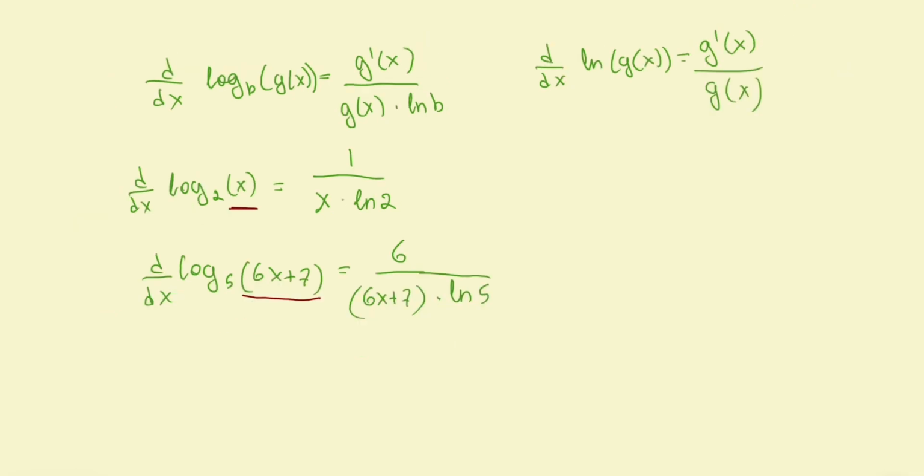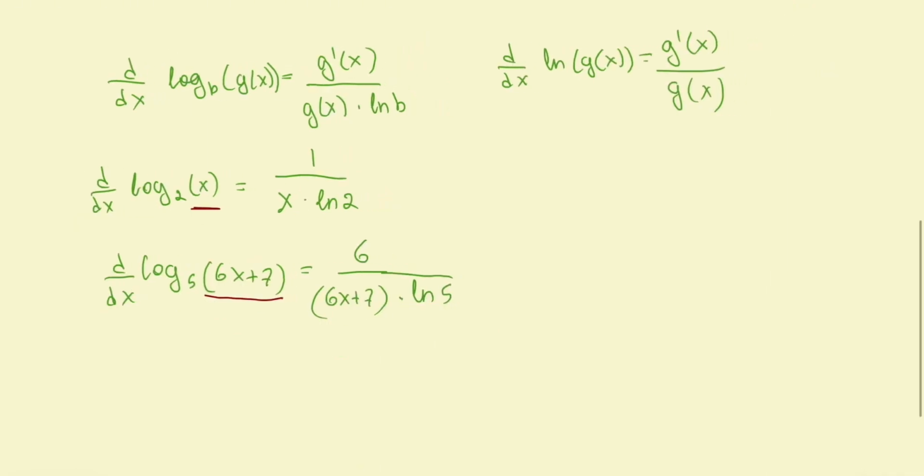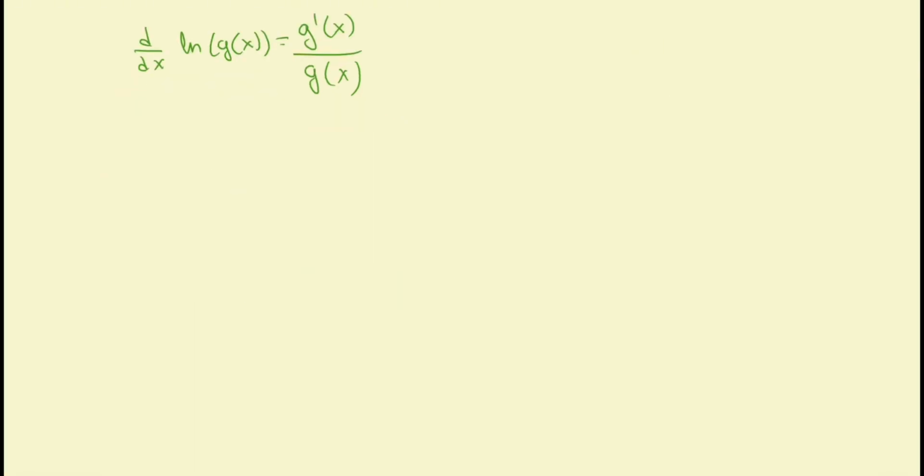For the examples for the general log functions, now let's do derivatives for the natural log functions. Let's do some examples. Let's start with a simple one. We're finding derivative of natural log of x. The derivative of this would be derivative of the function x, which is 1 over x.